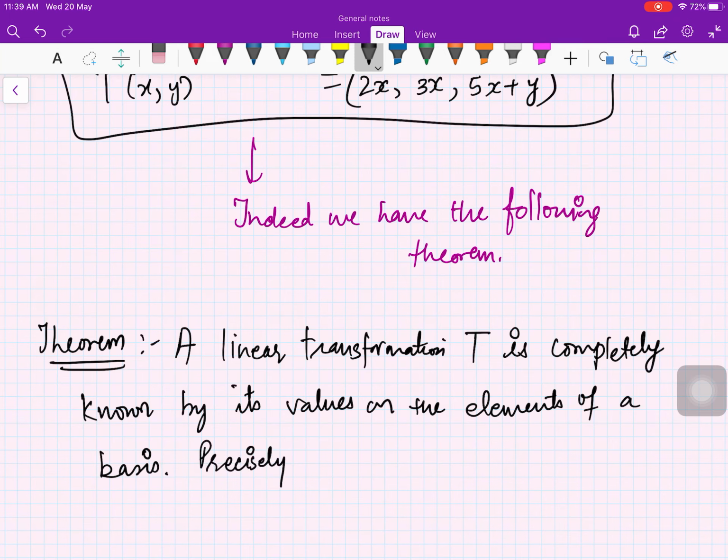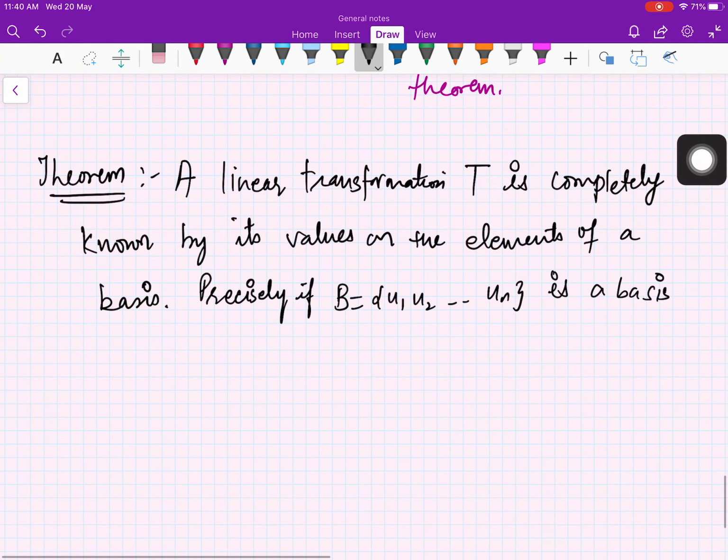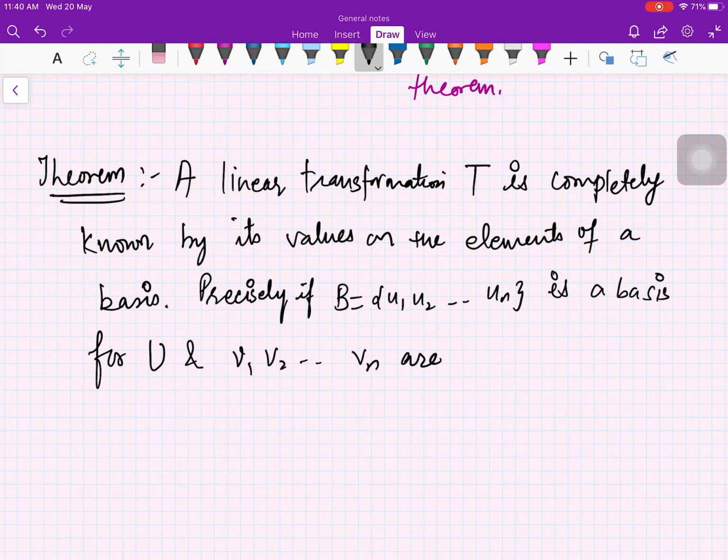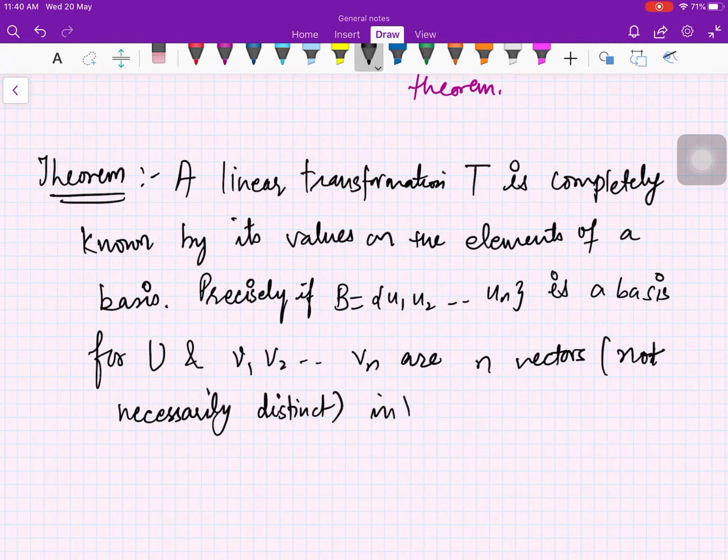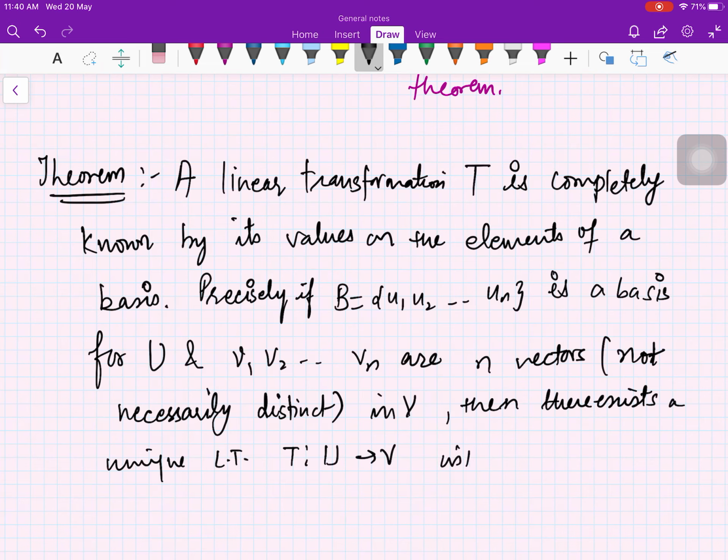Precisely, if B = {u1, u2, ..., un} is a basis for U, and v1, v2, ..., vn are n vectors in V, not necessarily distinct, then there exists a unique linear transformation T from U to V with T(ui) = vi.